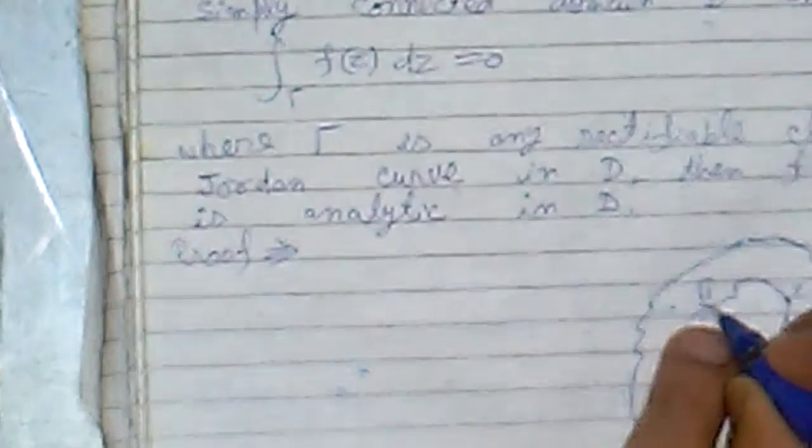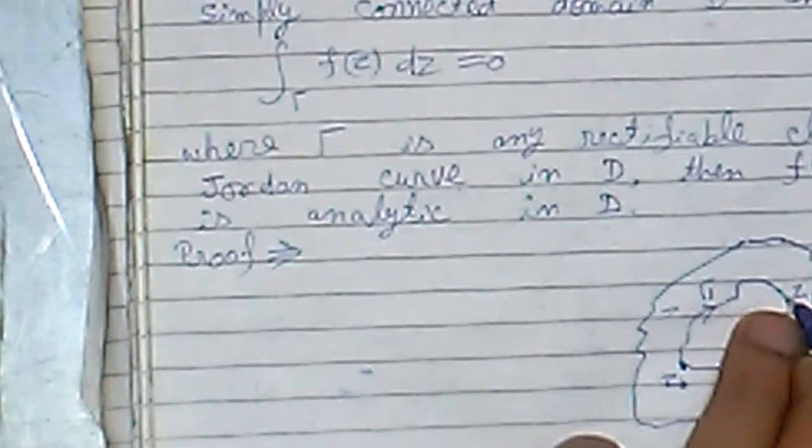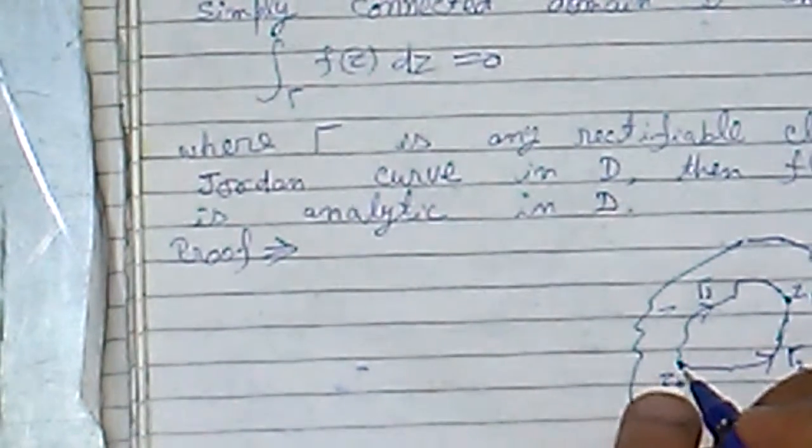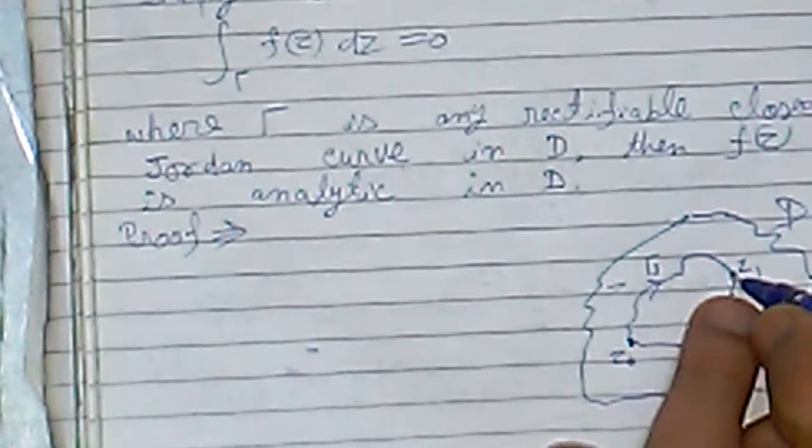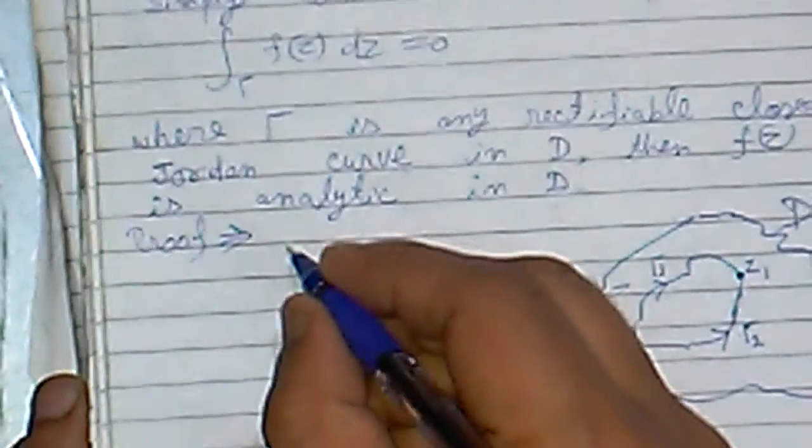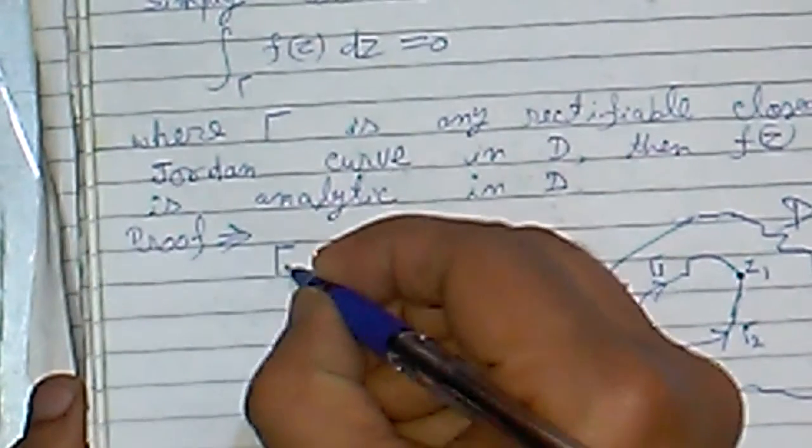For gamma 1, we start at z0 and go along the curve gamma 1 to point z1. Also, gamma 2 starts from z0 and goes through gamma 2 to point z1.